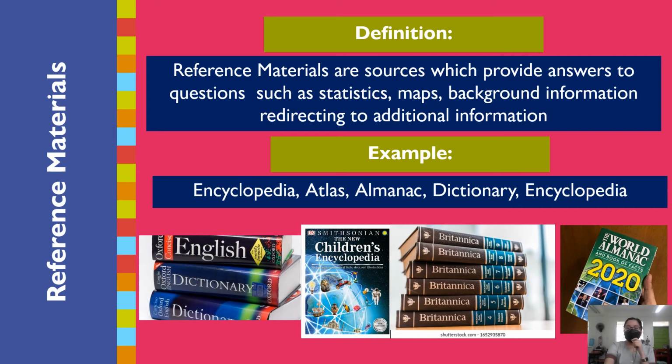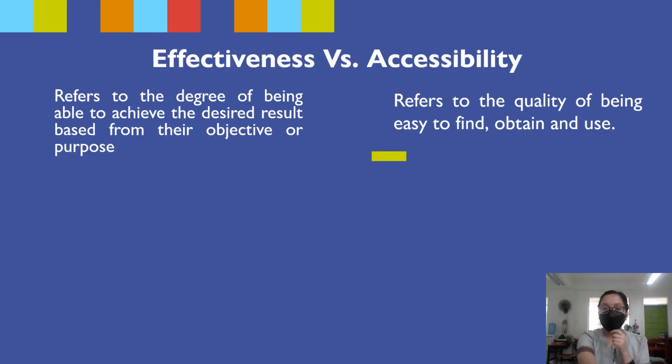That's it. Now we're gonna understand the difference of accessibility and effectiveness. So, what's the difference between the two? When we say effectiveness, it refers to the degree of being able to achieve the desired result based from their objective or purpose. And when we say accessibility, it refers to the quality of being easy to find, obtain, and use.